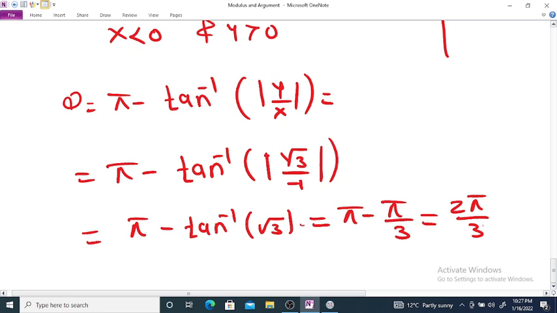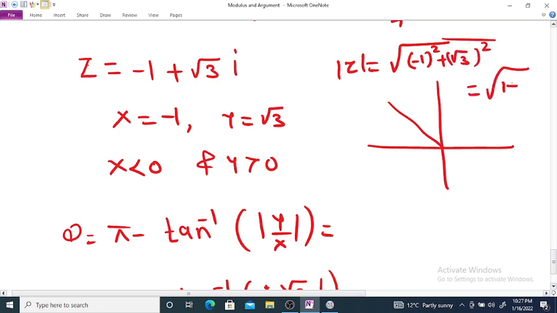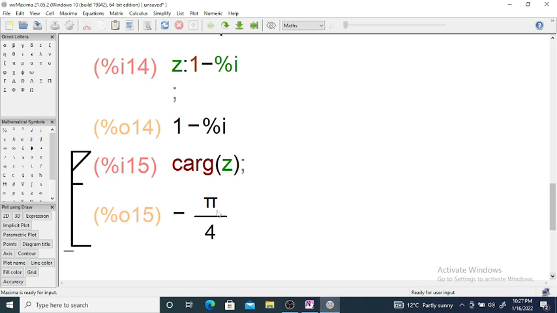Its modulus, mod of z, is equal to square root of (-1) square plus (under root of 3) square, so this is equal to 1 plus 3, so this is under root of 4, which is equal to 2. Since it represents distance, which is always positive, modulus of z is 2.